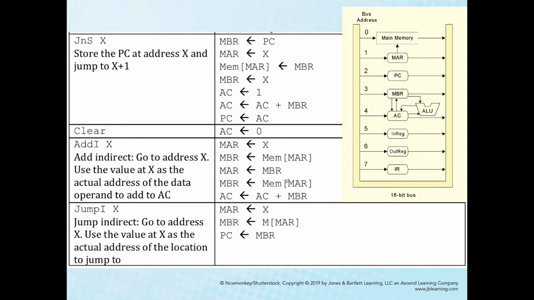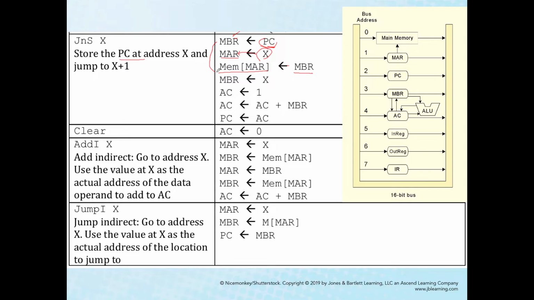Here are the RTN notations for that. So JNS: the current address is stored at X. To do so, PC is put in MBR, and then X is in MAR, then whatever is in MBR, which is the PC, is stored at that memory location.